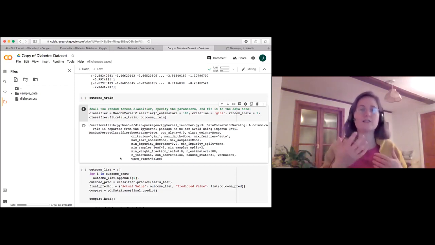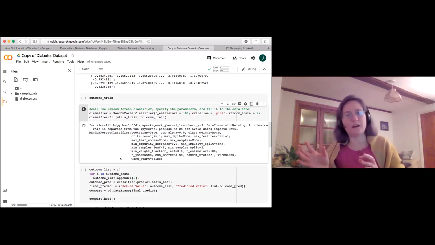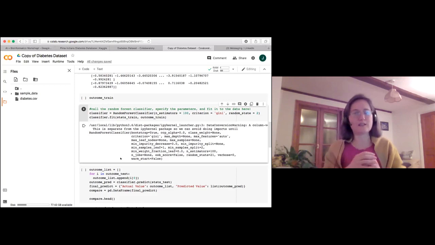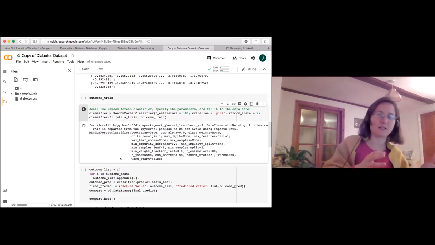It's this criterion parameter that helps you build a more useful tree by assessing how good a split is. What you're looking for is a split so that on one side of it, you've got mostly answers of one kind, mostly the diabetics, and on the other side, mostly the non-diabetics.